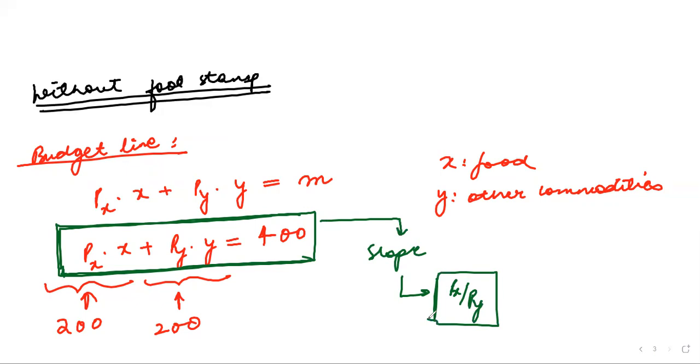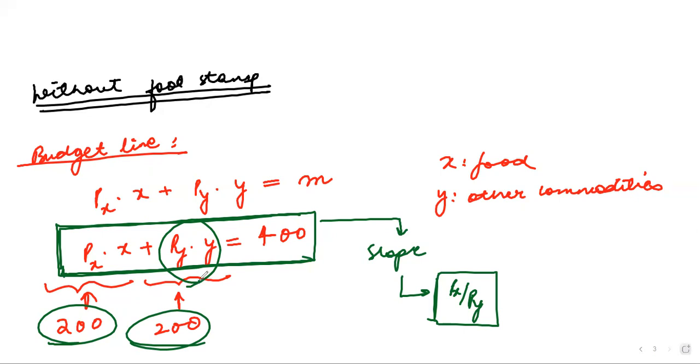So if I have to draw the budget line, one of the combinations is 200 comma 200. Because this is a numeraire good, I can take the price of good Y as 1, and I'm spending the rest on the other good.